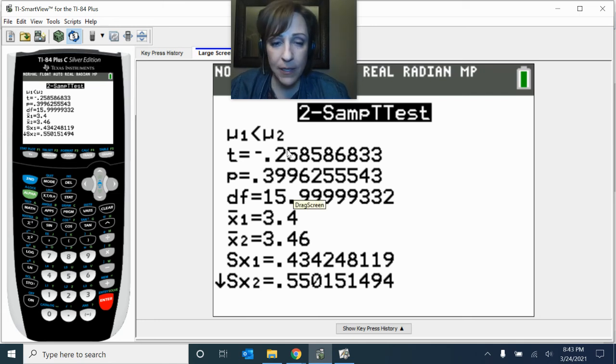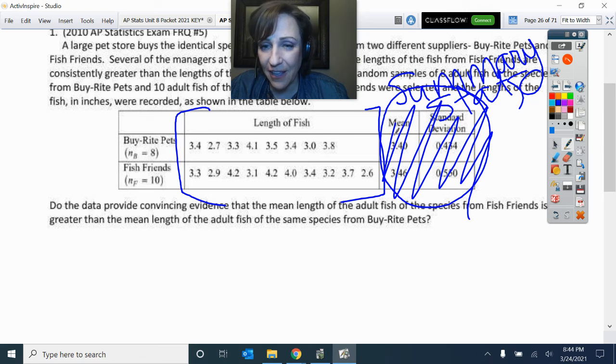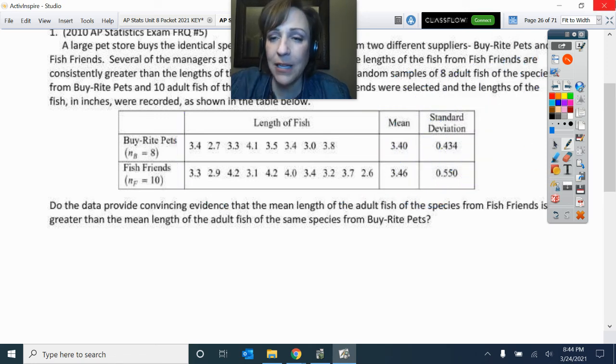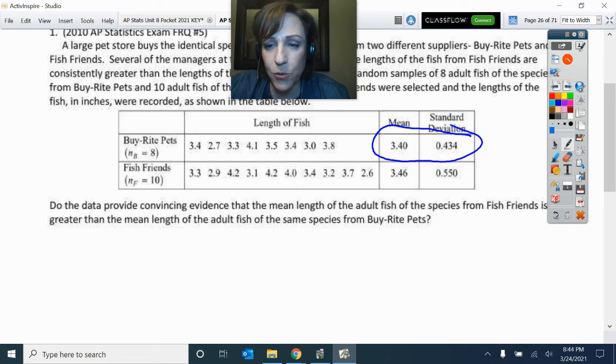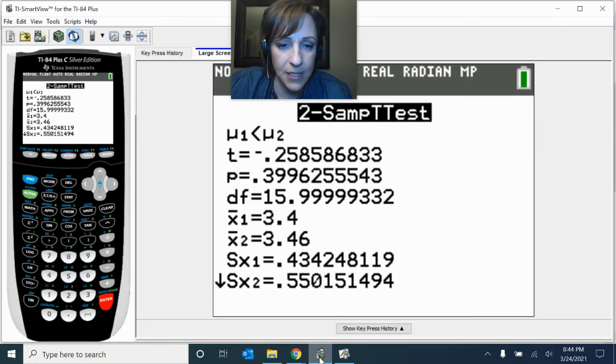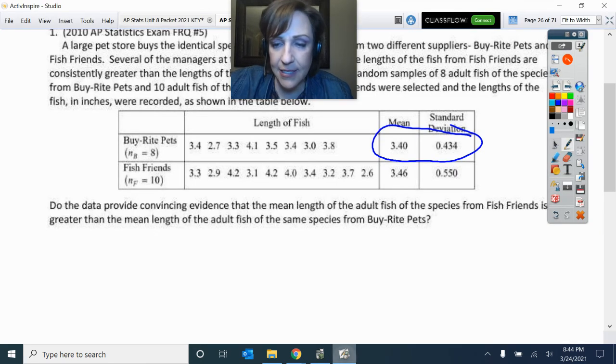Now, look what happened. The sample mean was 3.4 and the sample standard deviation was 0.434 for group 1. If you look under this stuff I scratched out, yep, Buy Right pets was 3.40 and 0.434. And then Fish Friends was 3.46 and 0.550. And yep, that's the summary statistics for Fish Friends.